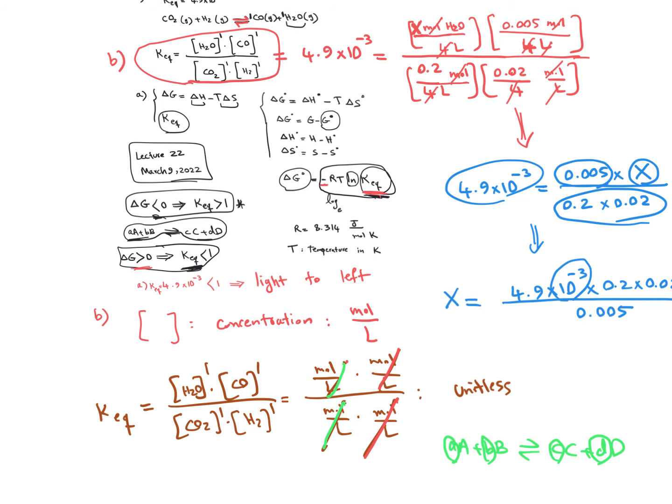So that was the first question. Now let's look at the second question. What is enthalpy, entropy, Gibbs free energy? When does the reaction proceed to the left? When does the reaction proceed to the right?